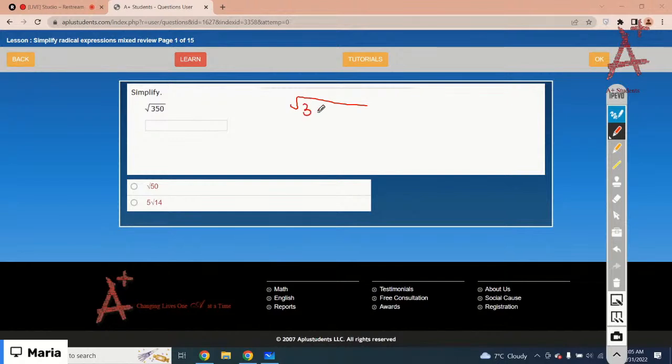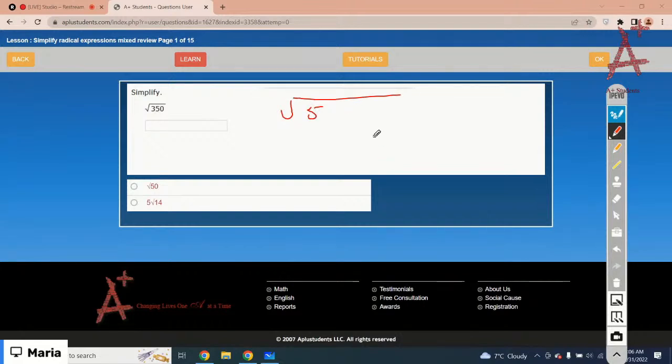Let me just write down the 350 divided by 3? No, 350 divided by 5. Yes, we can, because 3 is the smallest prime number, but this is not divisible by 3. So the smallest prime number that can divide 350 is 5.